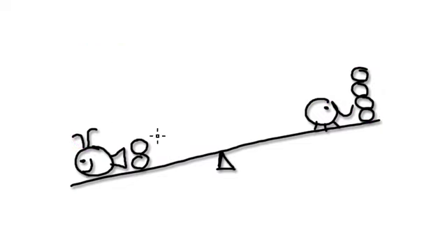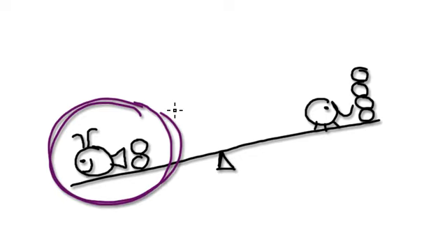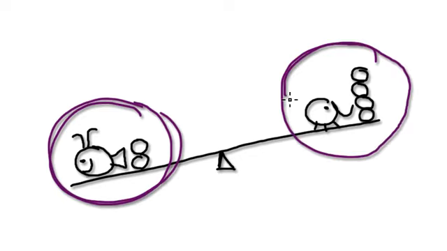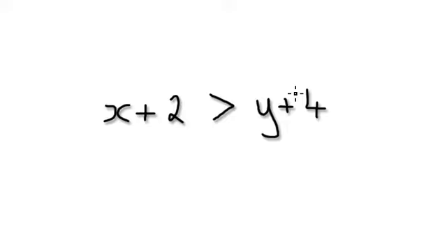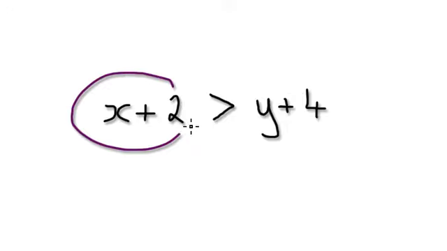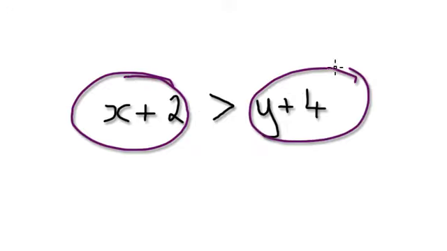So when you're given an inequality, if you add an equal amount, divide an equal amount, times an equal amount, take away an equal amount, this will always be greater than this one.